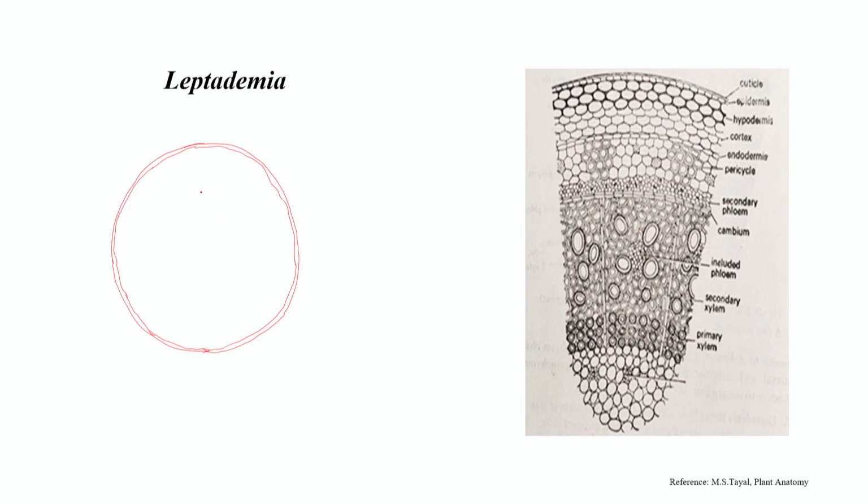Then you will have cortex, and then endodermis. Then you will have pericycle, in which we can see the sclerenchymatous patches of pericycle.